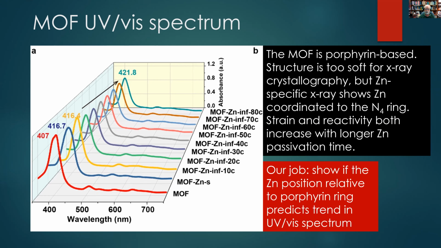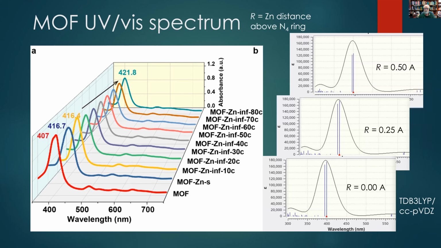So the question was, can we actually predict this trend? And so once again, we're going to be using time-dependent DFT methods, and the results I'm showing here are the initial spectrum. So this is the predicted UV-Vis absorption spectrum when the zinc is right in the middle of the plane of this metal organic framework.